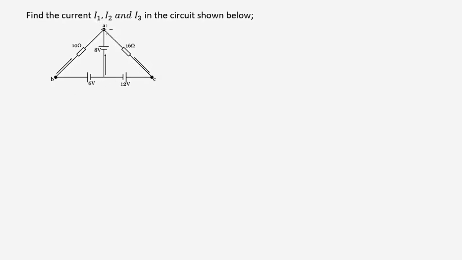If we make point A here the reference point, we will realize that the current here, which is I1, and then the current here, which is I2, and then the current here, which is I3, we can actually generate a rule for these three currents.